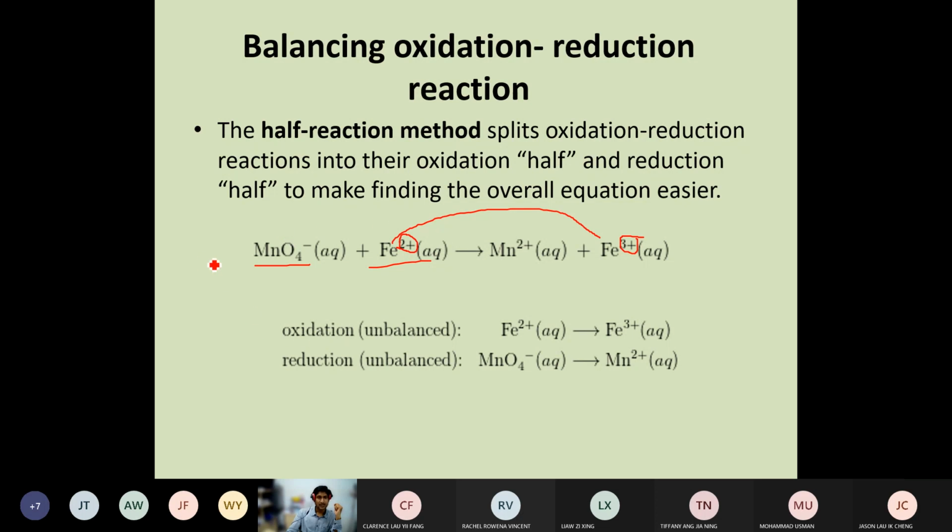For reduction, of course, the rest of the thing will be reduced. We don't have to think much. But again, if we want to analyze how reduction is really happening, or where else the electron is gained, how do you find it? First, what will be the oxidation state of manganese on the reactant side, right? We do not know. Let's say it is positive X.